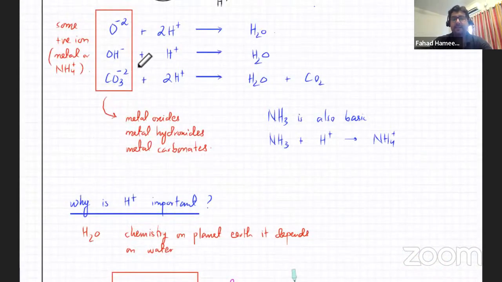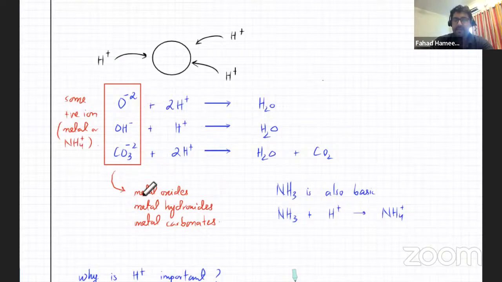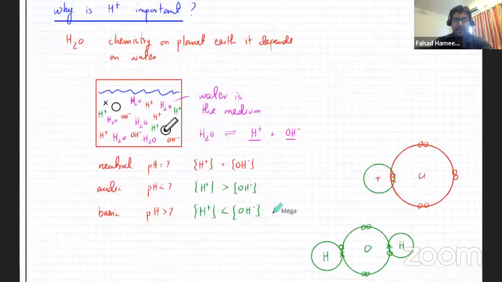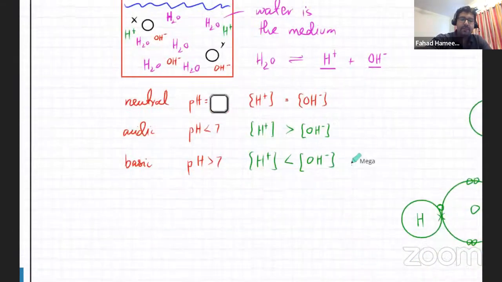Like if you add an oxide or a hydroxide or a carbonate in the water, it will accept all the H+1 ions and remove them. The oxide will grab the H+1 ions and turn into water and so on. So a lot of H+1 ions will get used up. So if I start removing H+1 ions, let's say there's a base and that base is accepting H+1 ions, all of a sudden your solution will have a lot fewer H+1 ions and a lot more OH ions instead. So that's the basic idea.